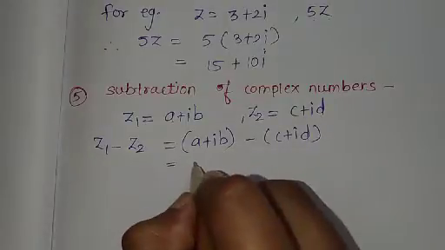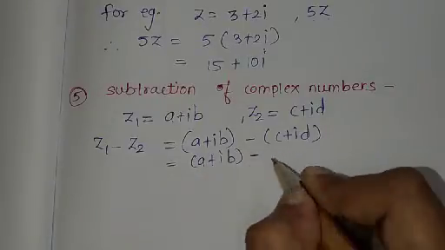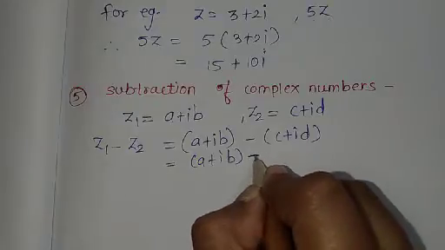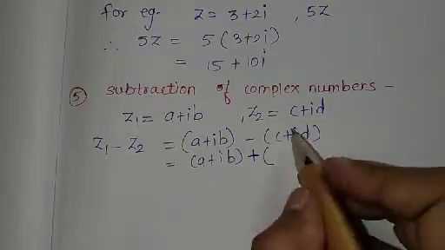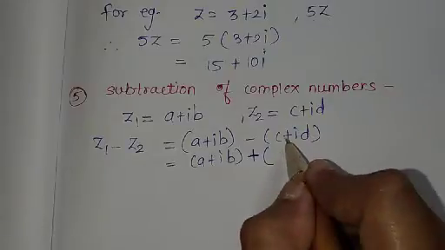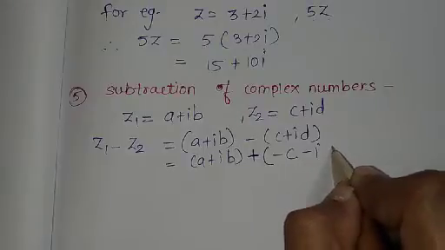Therefore here a plus ib, and from this minus sign the changes will happen in the second bracket, that is minus c minus id.